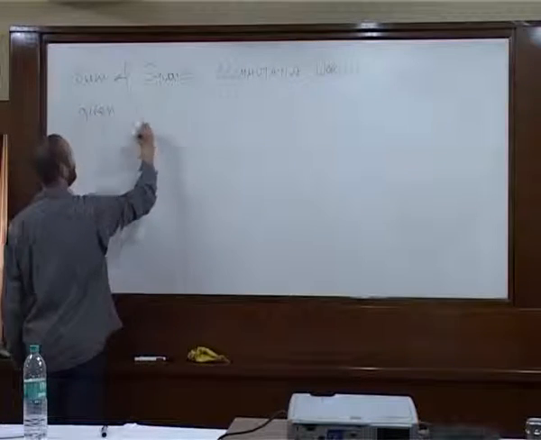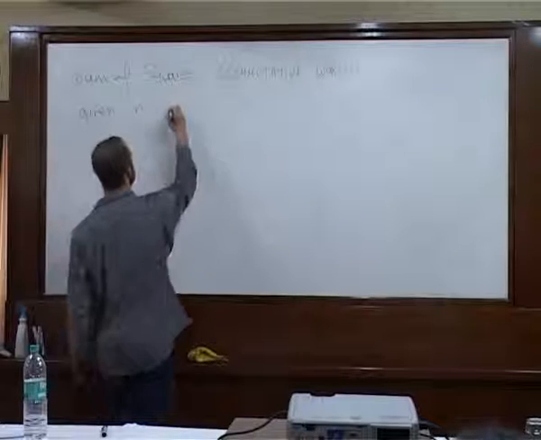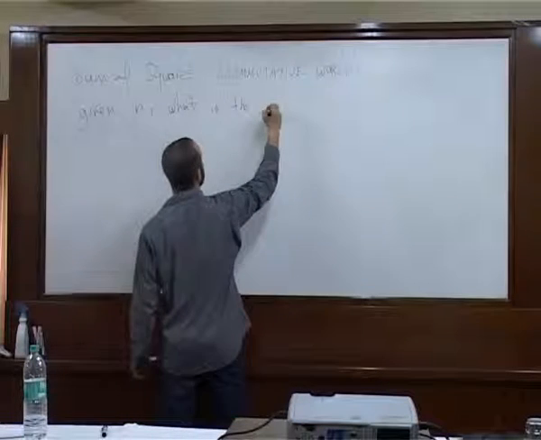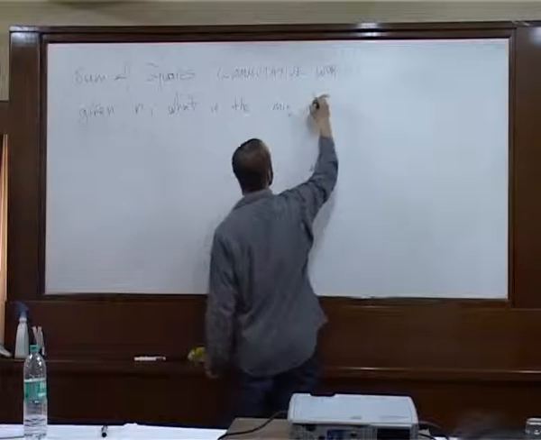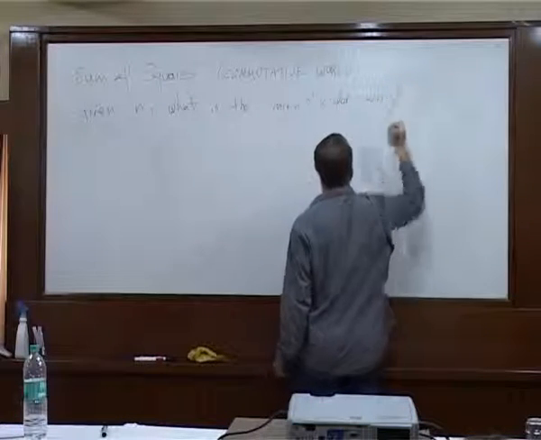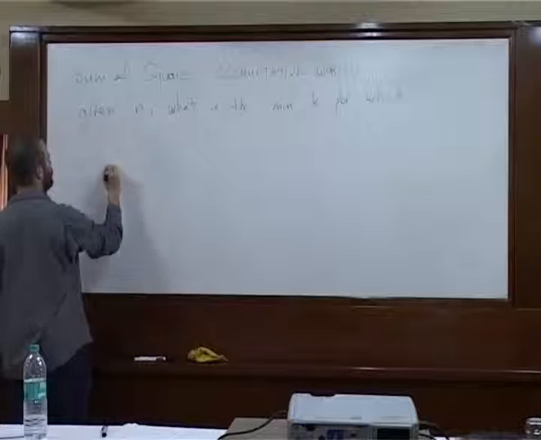So the question is like this. Given some number n, what is the minimum k for which we can write the following equality?